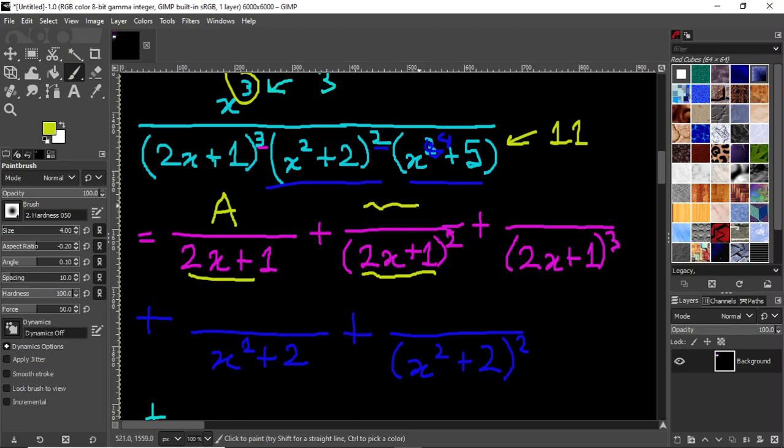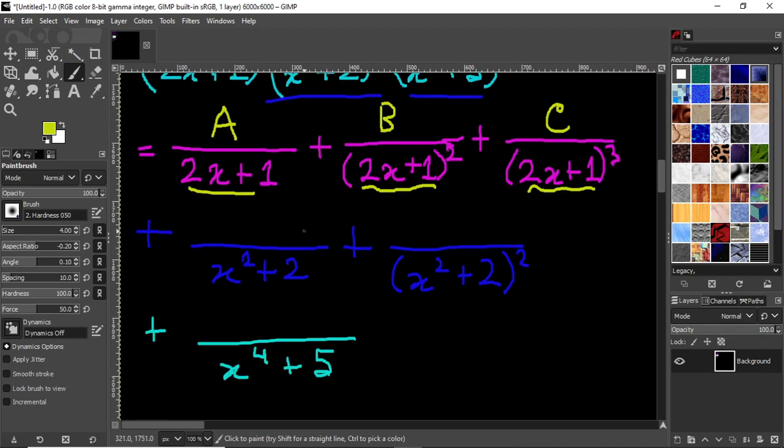You won't have a first degree polynomial. You'd have a 0 degree polynomial again, which is again some constant. Same thing here, again some constant, because this is a linear factor.